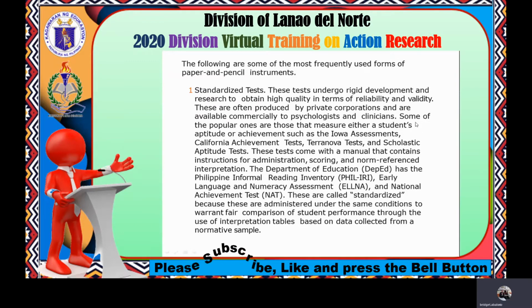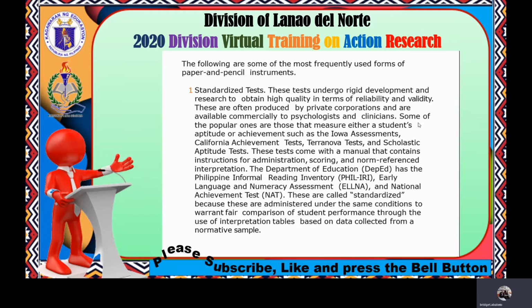Some of the popular ones are those that measure either a student's aptitude or achievement, such as the following: Iowa Achievement Assessments, California Achievement Test, TerraNova Test, and Scholastic Aptitude Test. These tests come with a manual that contains instructions for the administration, the scoring, and the norm reference interpretation.